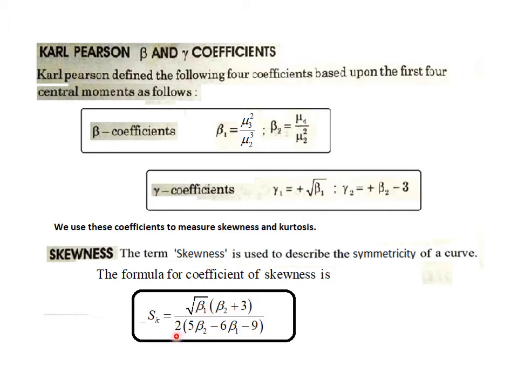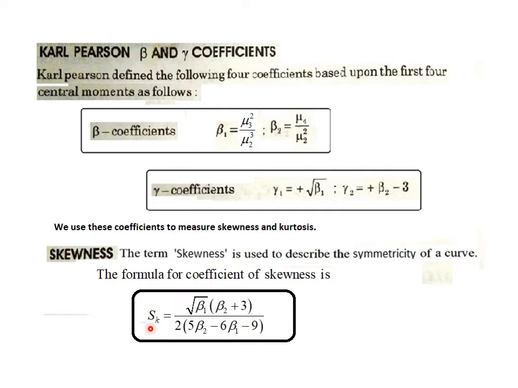The coefficient of skewness is defined as Sk, and it equals root beta 1 into beta 2 plus 3 upon twice of 5 beta 2 minus 6 beta 1 minus 9. Beta 1 and beta 2 are independent variables for this expression, and Sk depends upon beta 1 and beta 2. As can easily be seen, if beta 1 equals 0, Sk also reduces to 0.